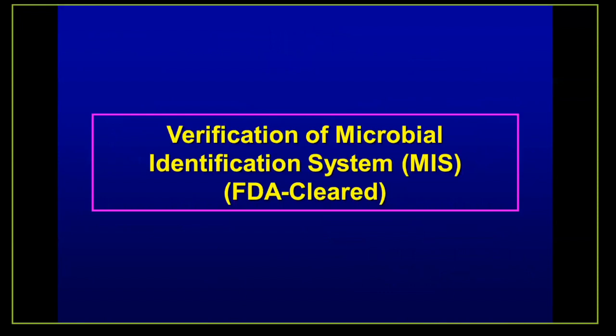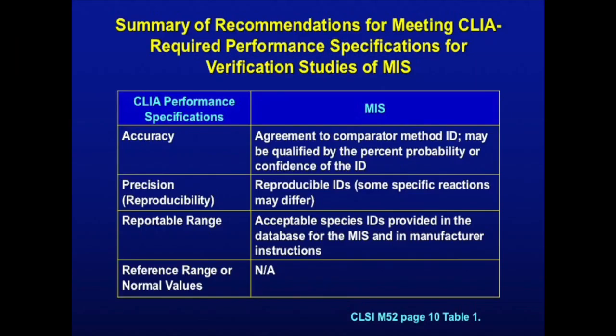We're going to first describe verification of microbial identification systems, so the IDs, on an FDA-cleared test. CLIA has performance specifications that it recommends for microbial identification systems. For accuracy, of course, it wants you to have an agreement between the comparative method ID and the test system.